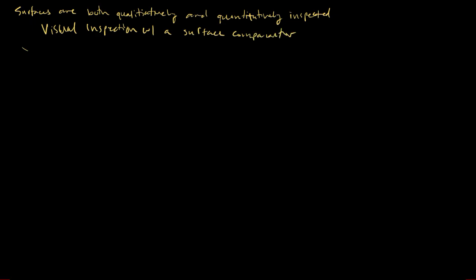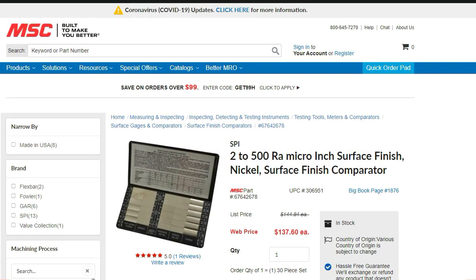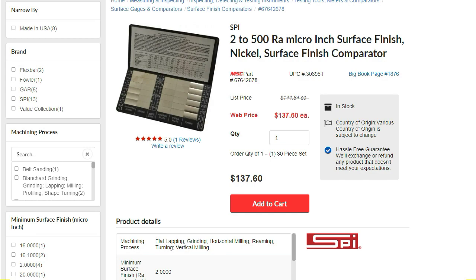If you search, you can find comparators for pretty cheap, usually less than $150, at places like MSC, for example. This is a surface comparator.